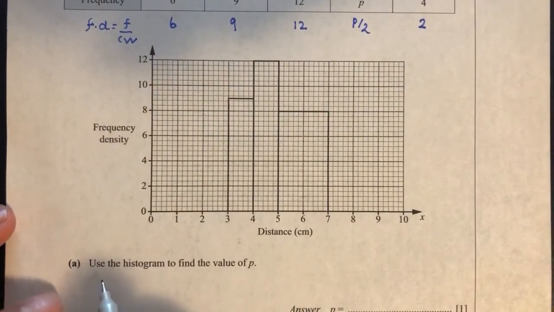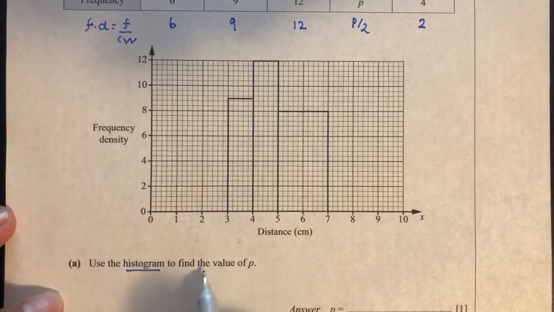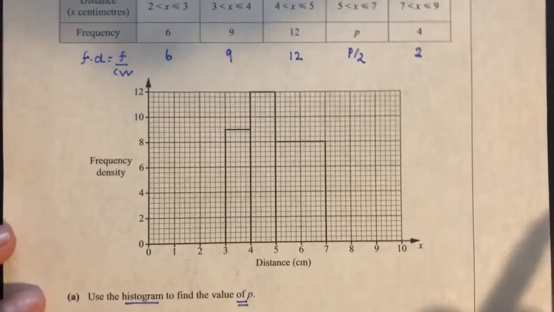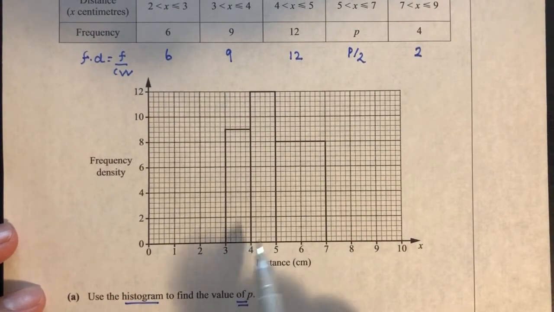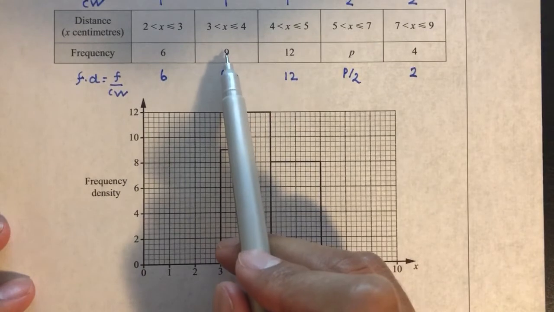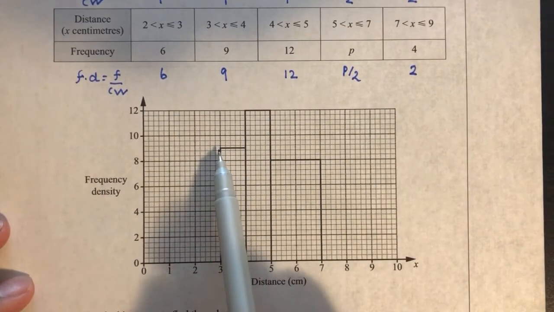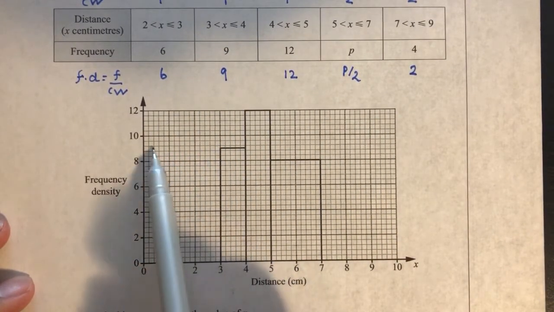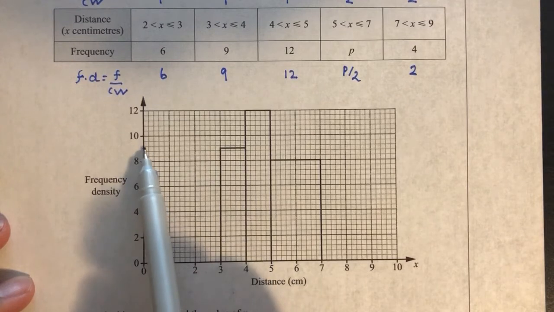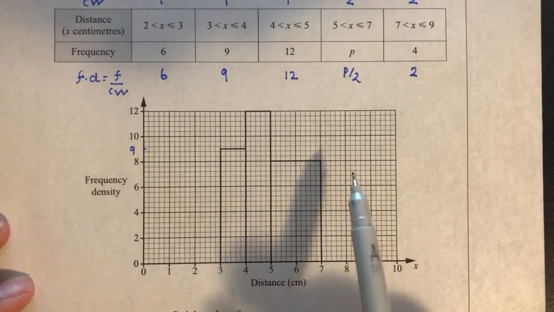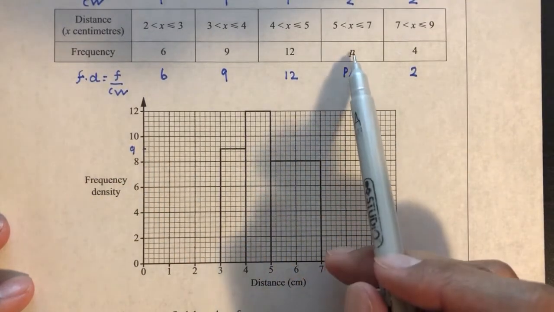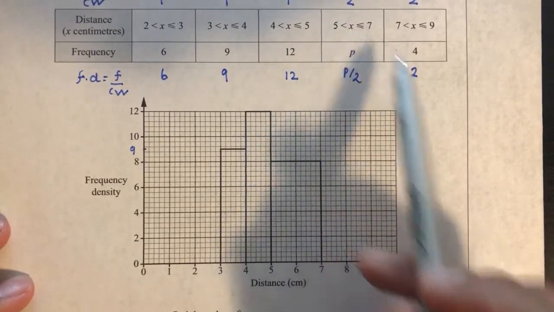Part A, use the histogram to find the value of p. The class 3, 4, the frequency was 9, and the density was 9 as well. So that's good. So how do you find the value of p? P is in class 5, 7.